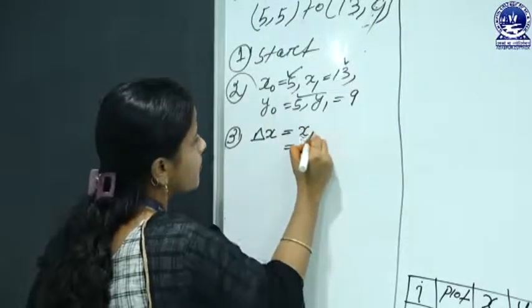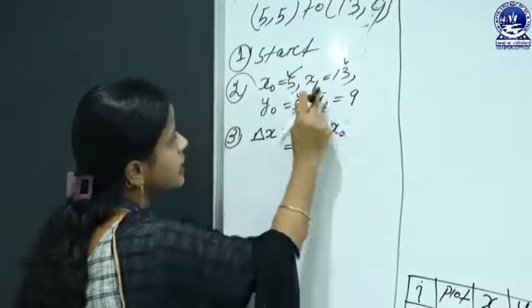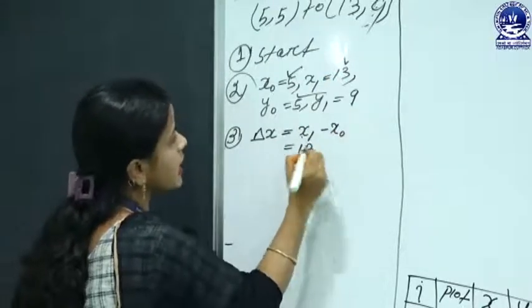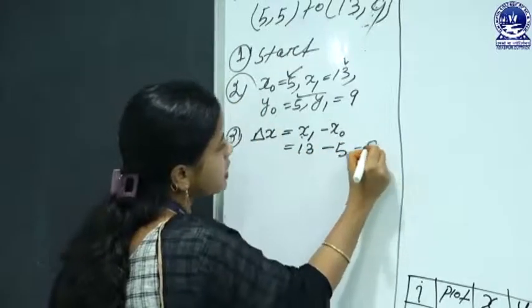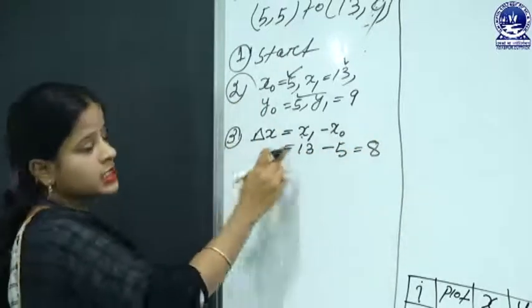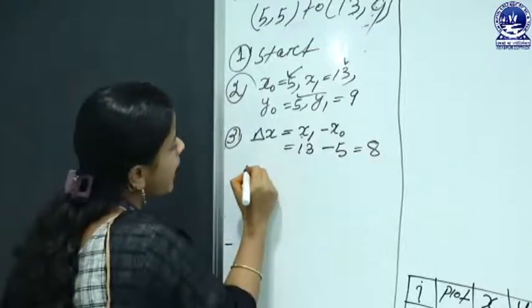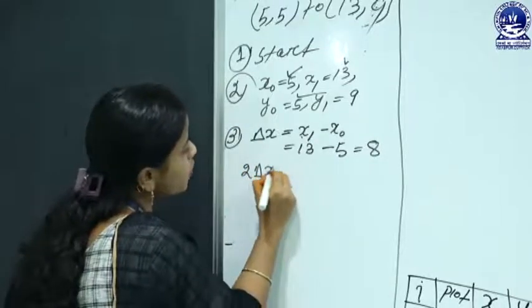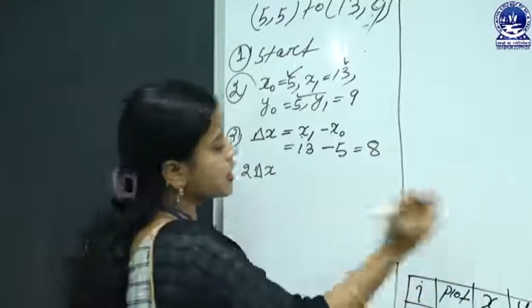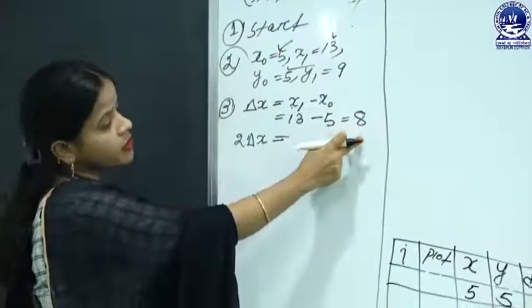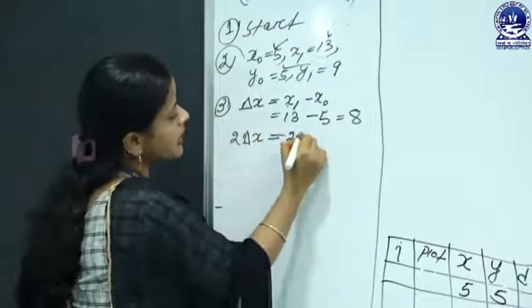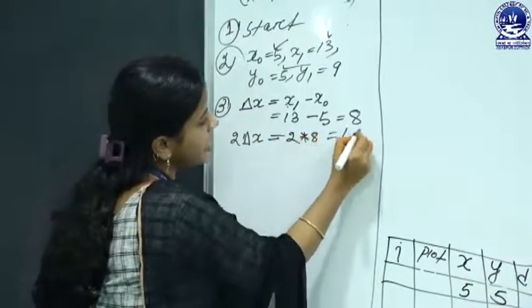Here x1 is 13 and x0 is 5, so the resulting delta x is 8. After that we find the 2 delta x value, a constant variable. As delta x is 8, 2 delta x is 2 into 8, that is 16.